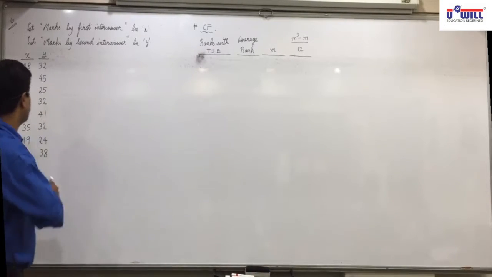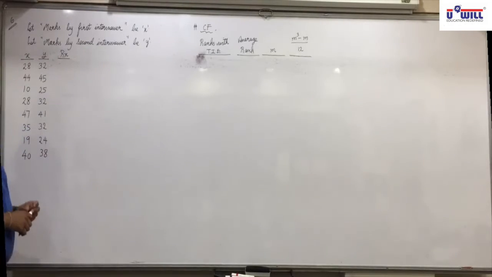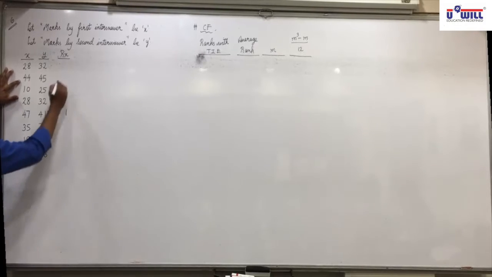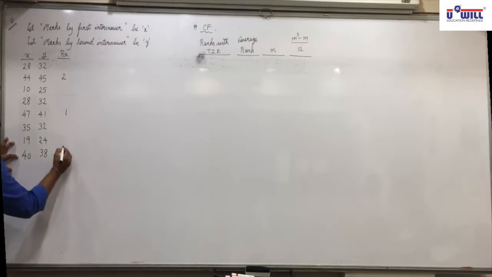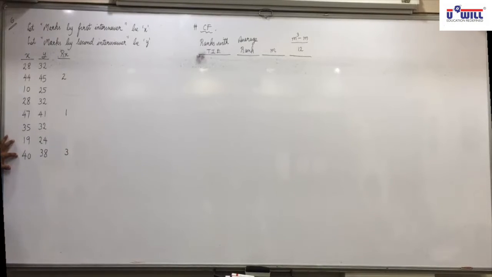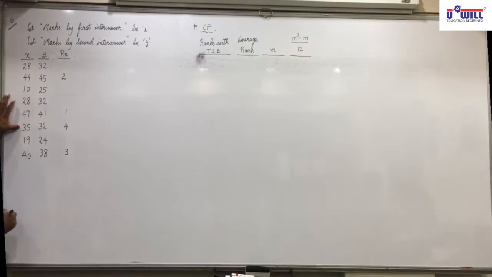So be attentive now. First rank of X. Everyone should be attentive. Highest is 47. That you'll give first rank. After that it's 44, second rank. 40, third rank. 35, fourth rank.